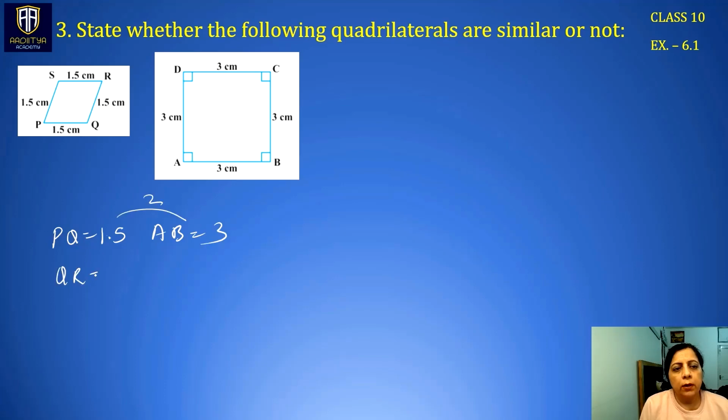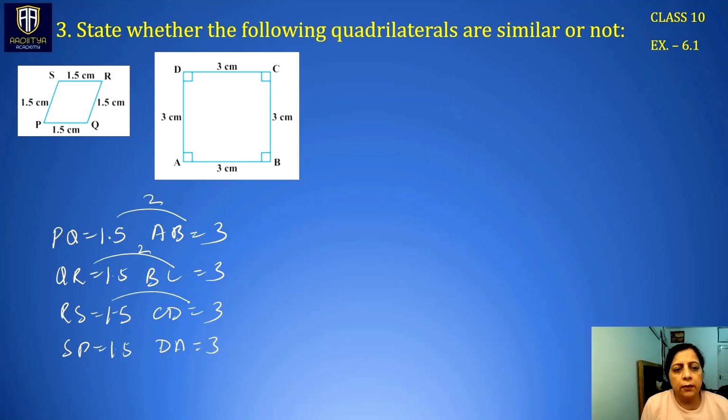Then we have QR again 1.5 and BC is 3. Again this is 2 times. RS is 1.5 and CD is 3. And finally we have SP 1.5 centimeter and DA 3. So you can see that all the sides are proportional with the same scale factor.